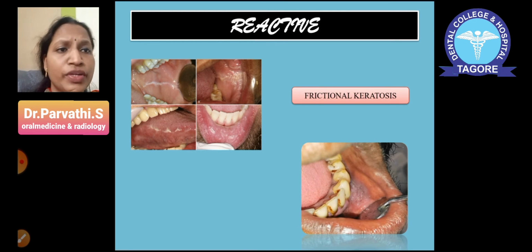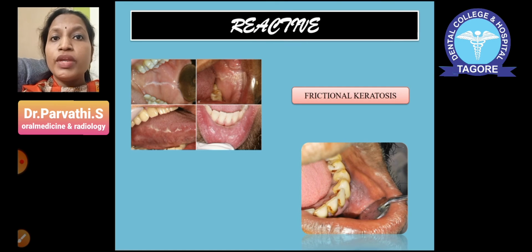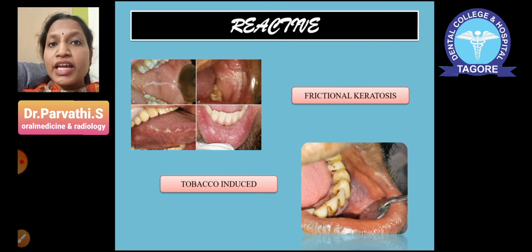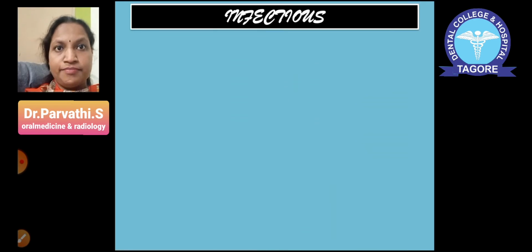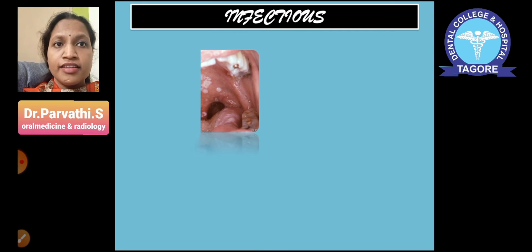In the next reactive one, you can see keratosis in the vestibule of the mouth. When we ask the history, the patient gives a history of chronic usage of chewing tobacco in the vestibule. So it is a case of tobacco-induced keratosis. The next category is infectious.